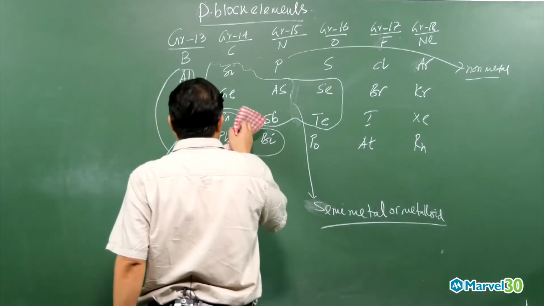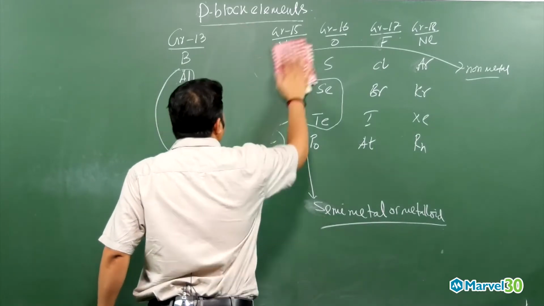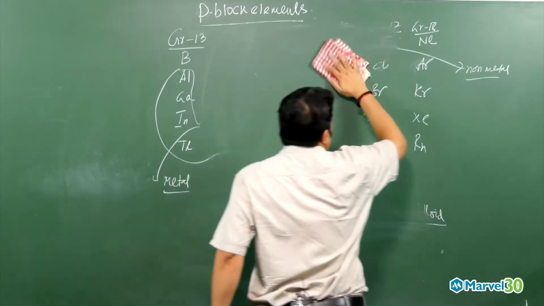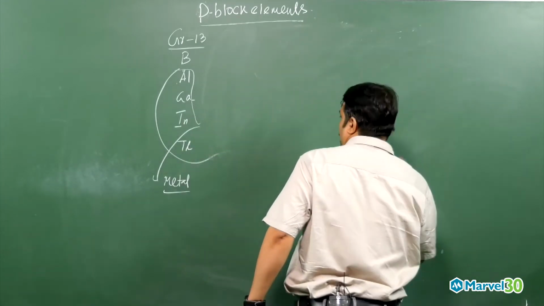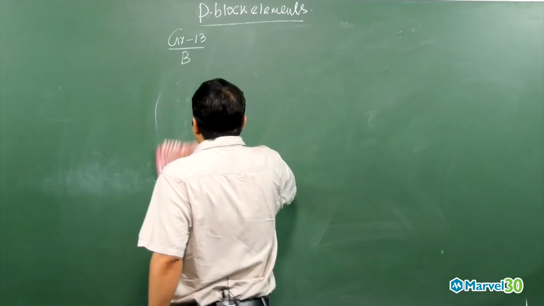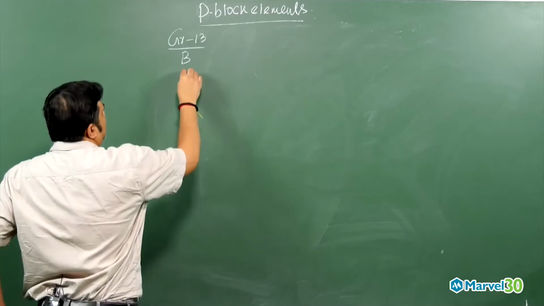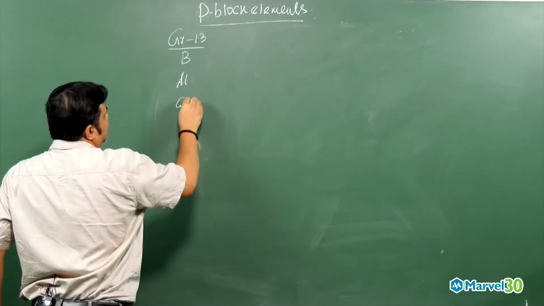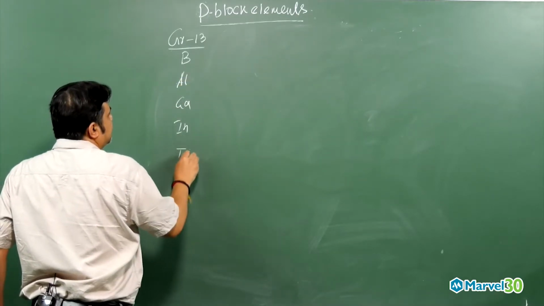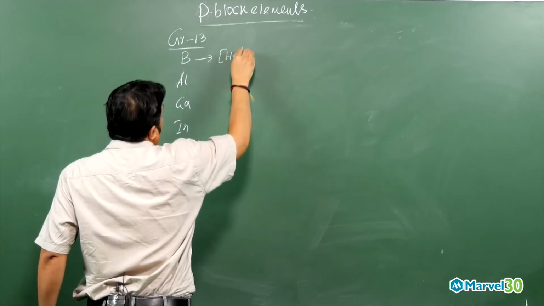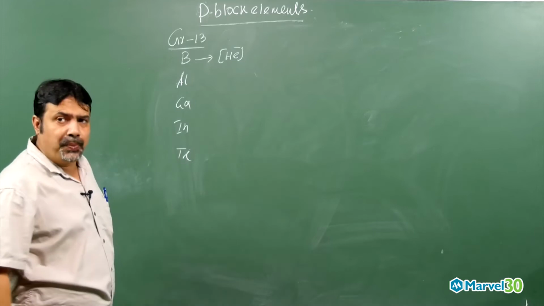So let us focus on group 13 first. In the group 13 elements, write down the electronic configurations for boron, aluminium, gallium, indium, thallium. Boron's electronic configuration we can write as 1s2 2s2 2p1.